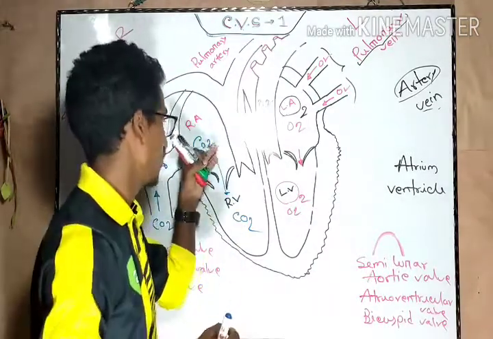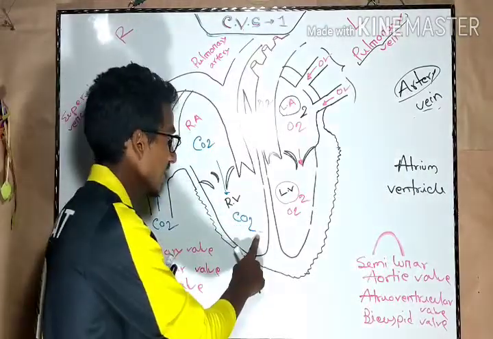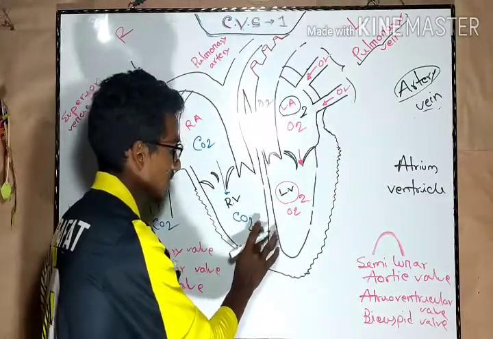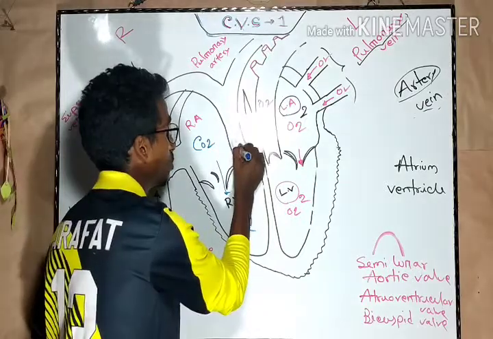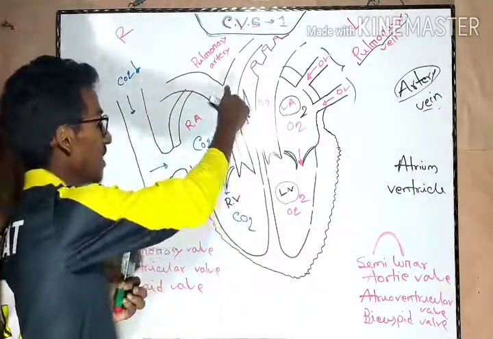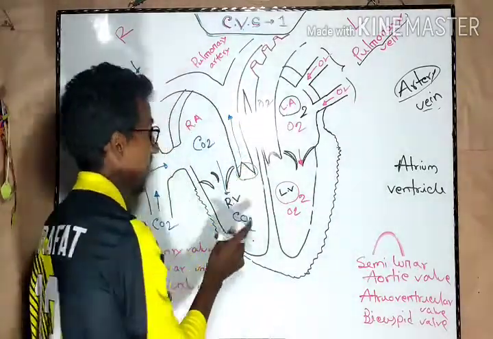Here, this tricuspid valve. Now during the ventricular systole, the carbon dioxide-rich blood, that means venous blood, goes to the pulmonary artery through the pulmonary valve.